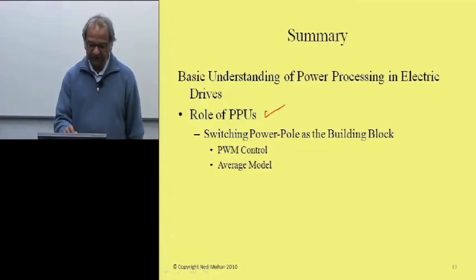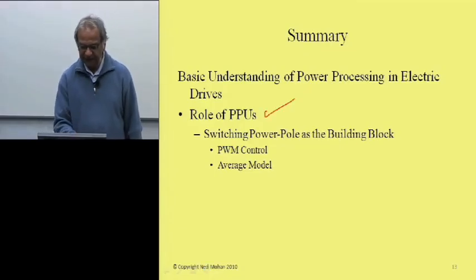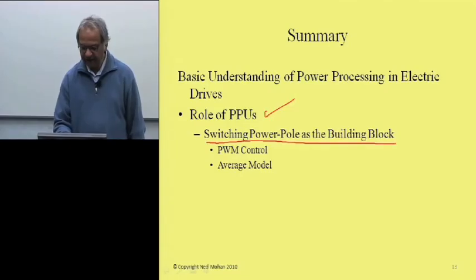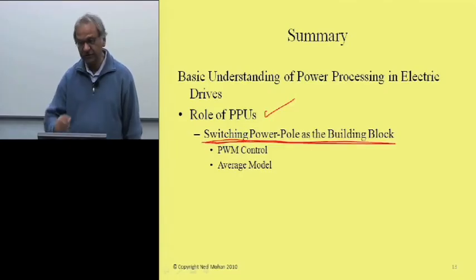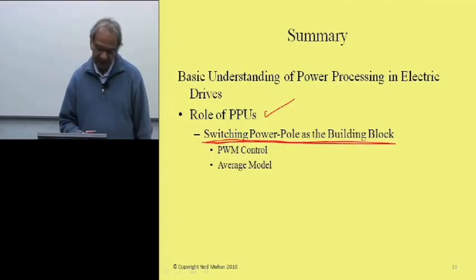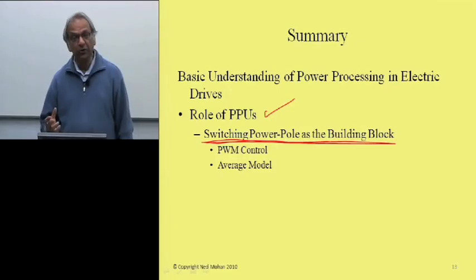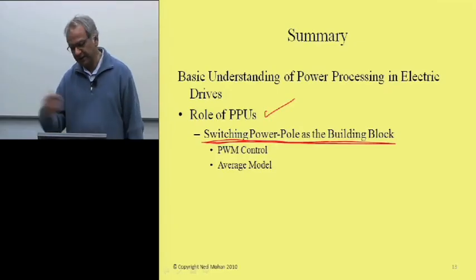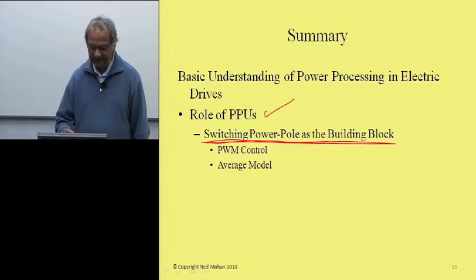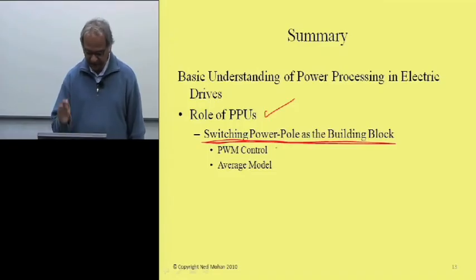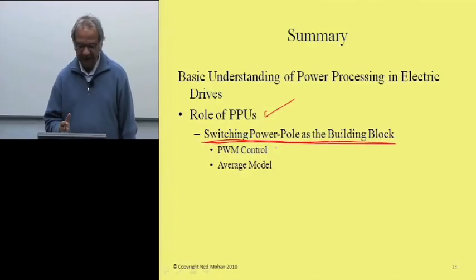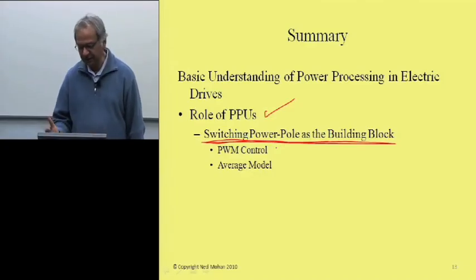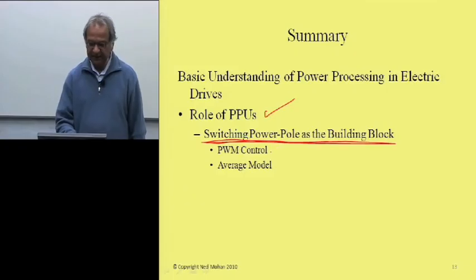So we saw its role, and we saw that this switching power pole, which is just a bipositional switch up or down, embedded within this two-port, voltage port on one side and current port on the other side, is needed. And we just analyze that switching power pole in detail once, and then we can use it repeatedly. So that will be the advantage.